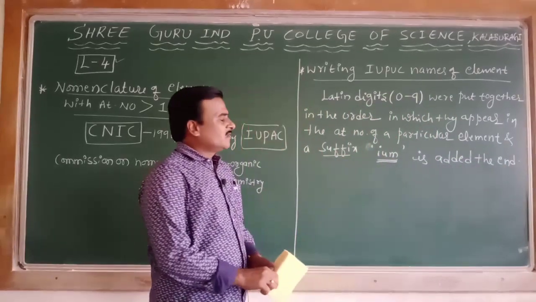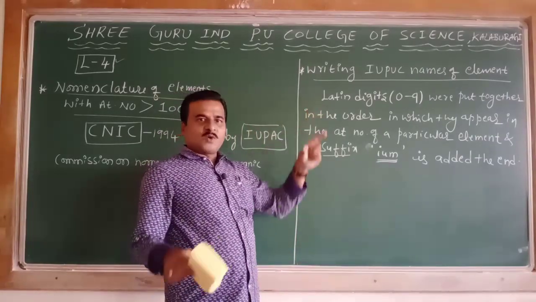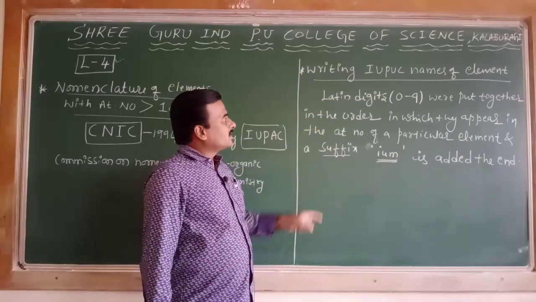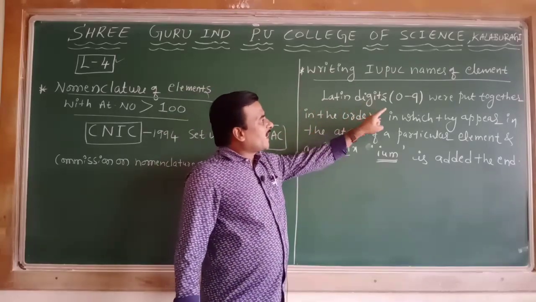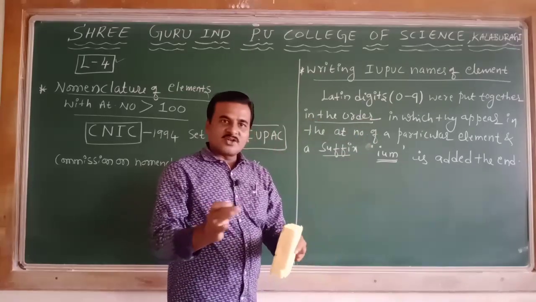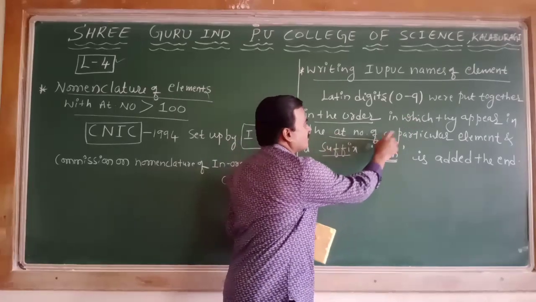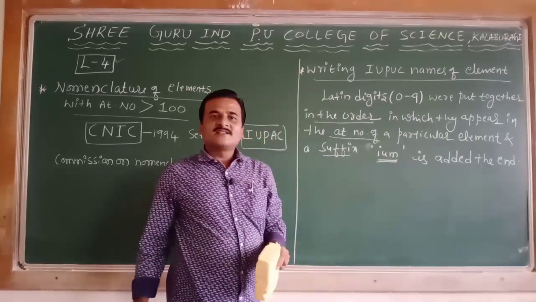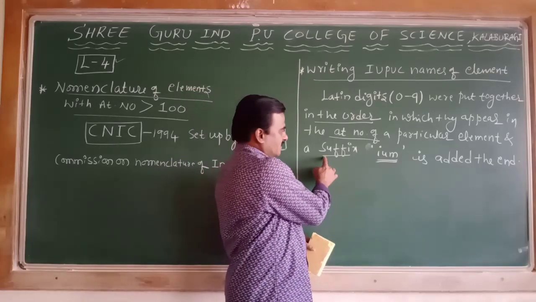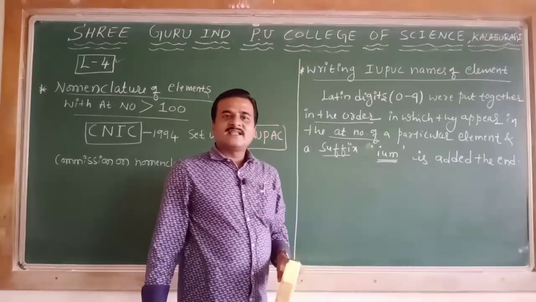Simple. No more complexity. What idea is suggested by this commission? Latin digits 0 to 9 are put together in the order in which they appear in the atomic number of a particular element, and finally a suffix IUM is added at the end.